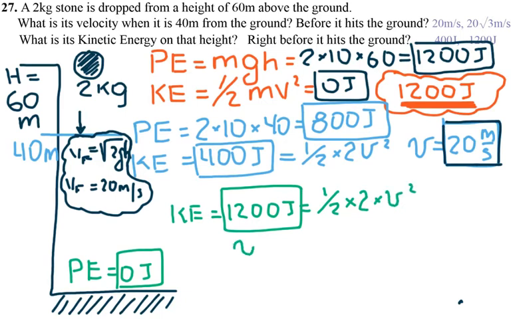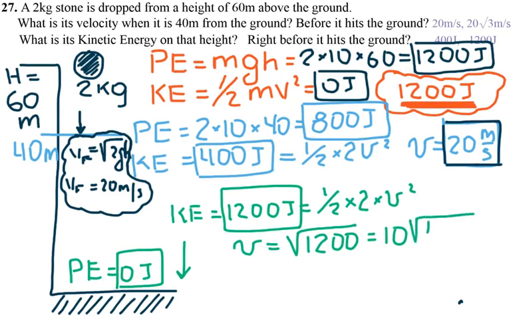That gives me velocity right before it hits the ground is going to be equal to the square root of 1200. If I take the square root of 100, that gives me 10, and 12 I can break into 4 and 3.